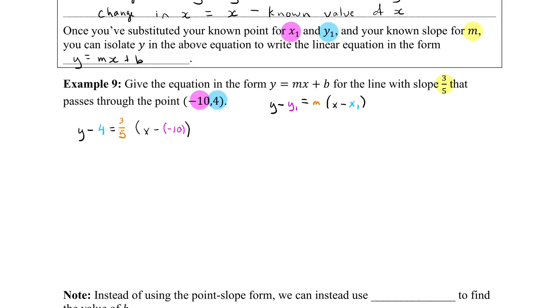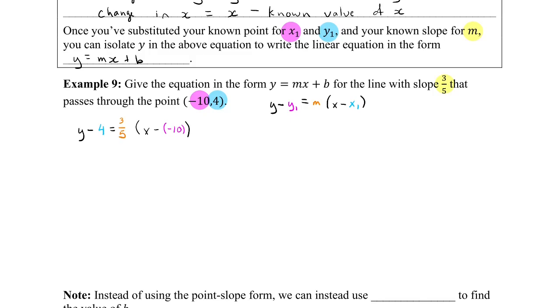Of course, it's not a very nice equation. In particular, it's not an equation that lends itself to writing function notation. And also, if someone else comes along with a different point and writes a different point-slope equation, we can't know for sure whether or not they're describing the same line.